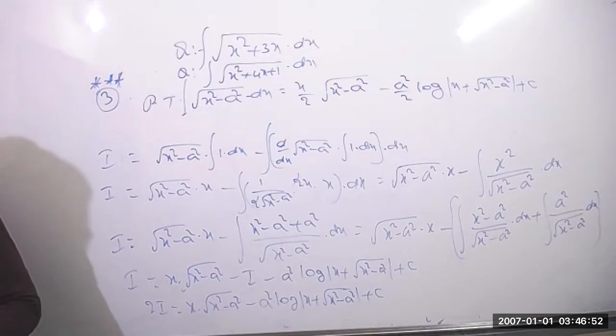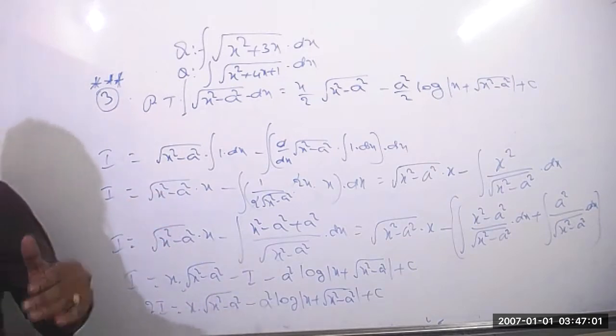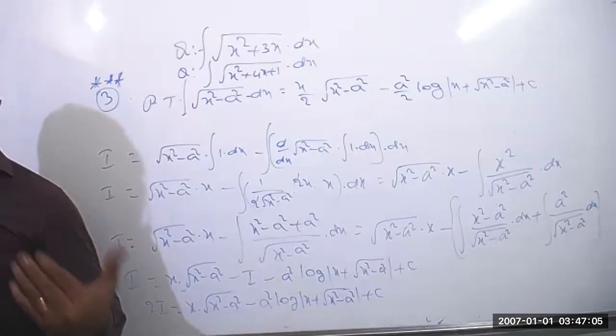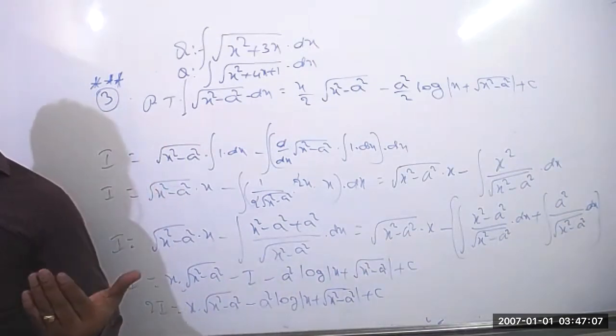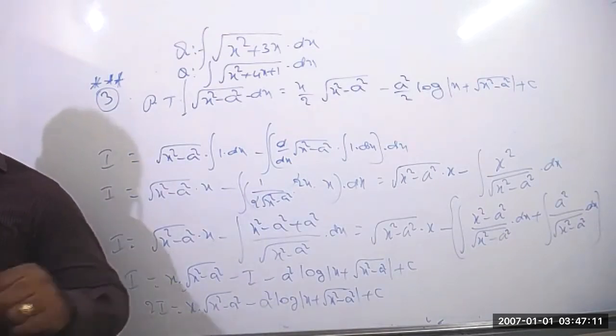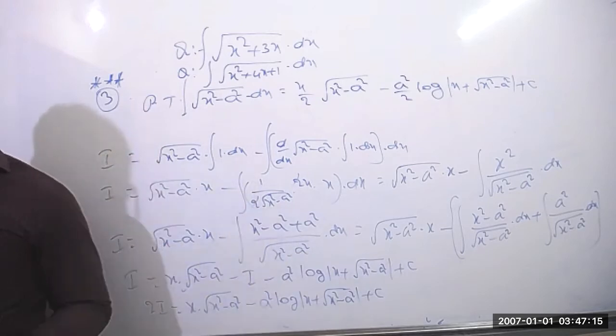Suppose they ask for the integration of root of a quadratic expression, always follow the same procedure. If they give the fraction form, integration of 1 by root of a quadratic expression or 1 by a quadratic expression, then we have to apply the previous standard formulas. I gave you the 6 formulas at that time.